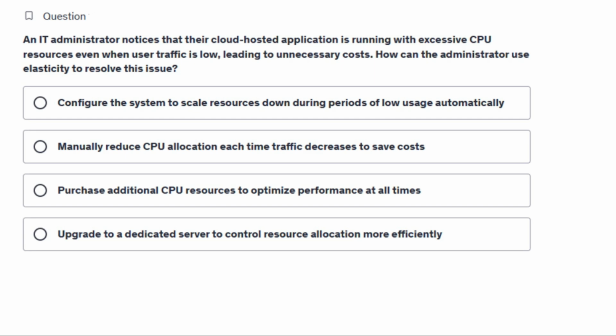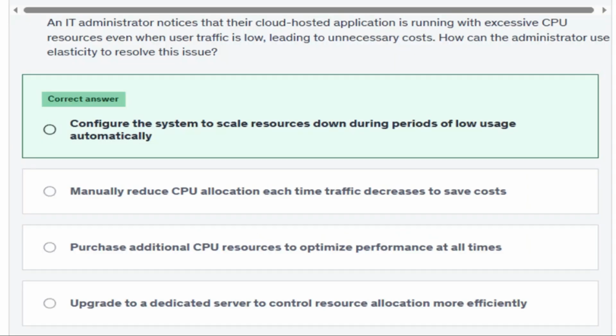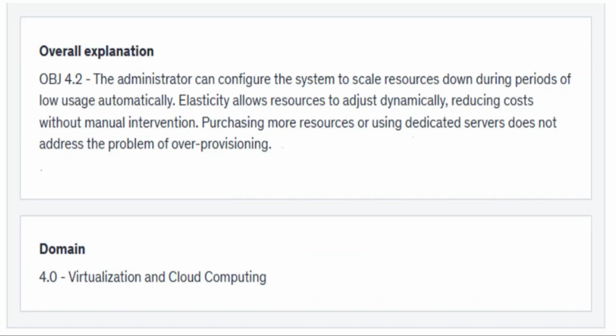So let's check the correct answer for this question. And the correct answer is the first, configure the system to scale resources down during periods of low usage automatically. So let's check the explanation for this answer. And the explanation is the administrator can configure the system to scale resources down during periods of low usage automatically.